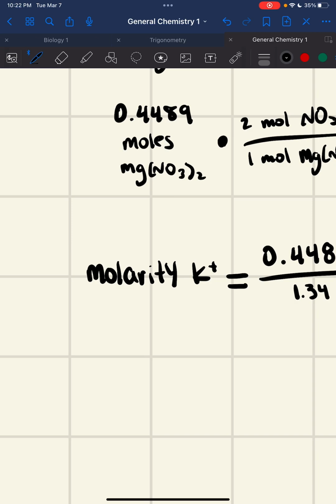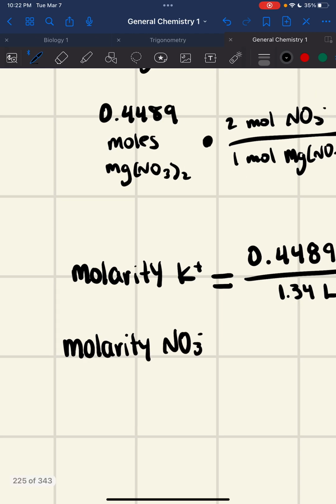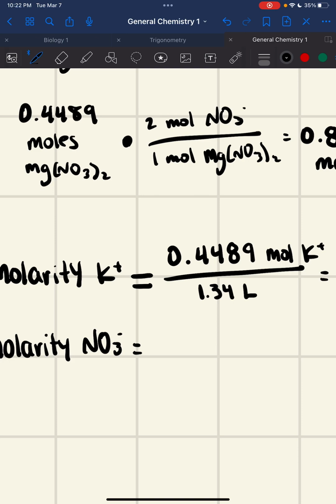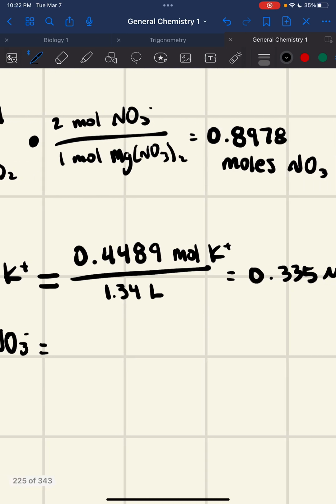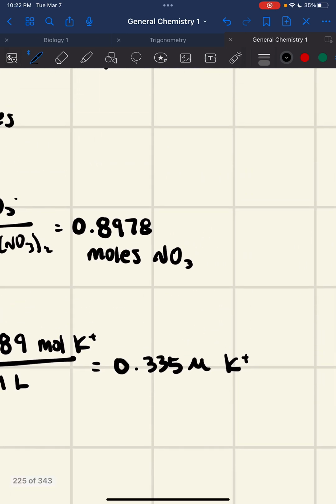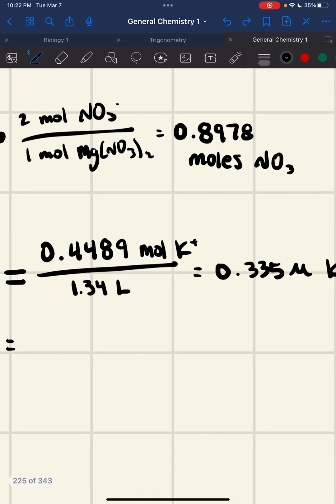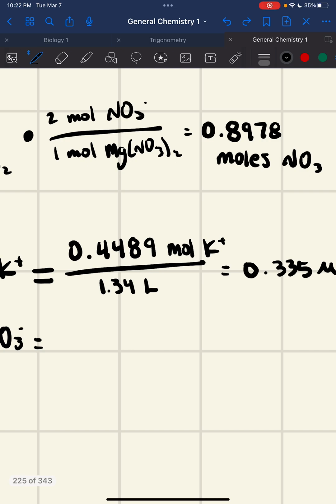So now we're moving on to the molarity of nitrate. And that is going to go ahead and be this number right here, and then over your total volume once again.